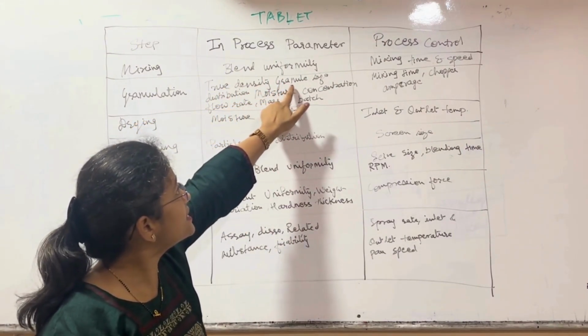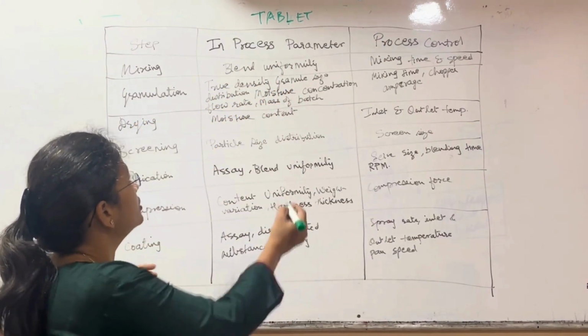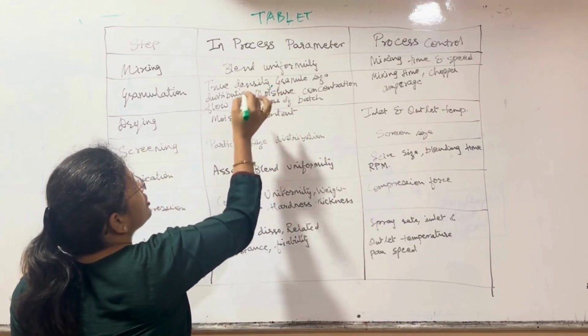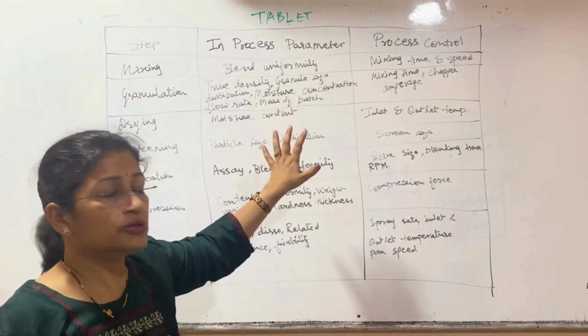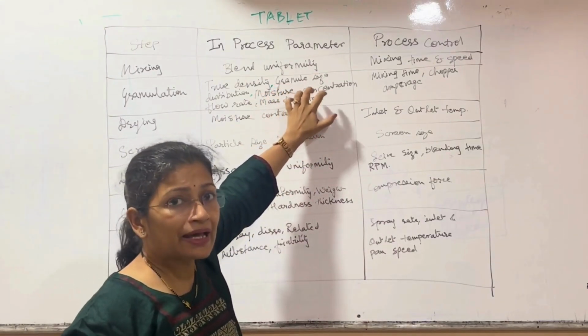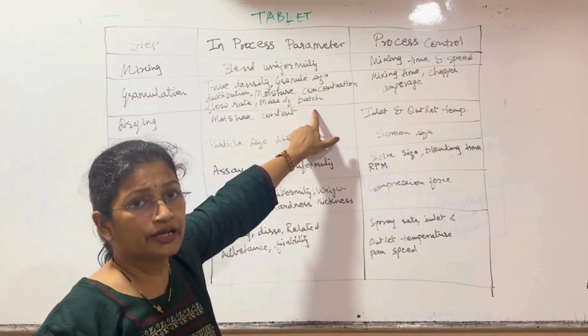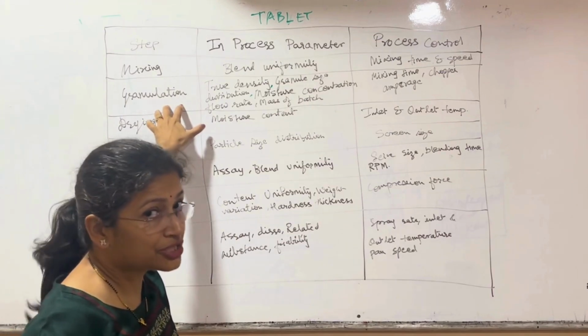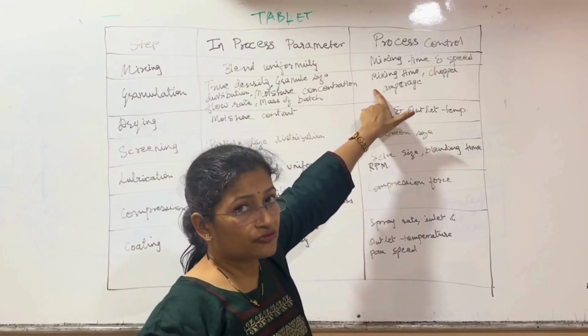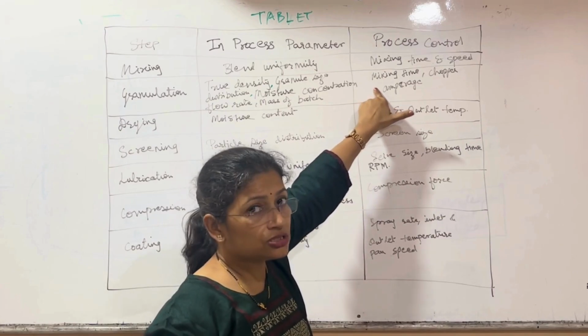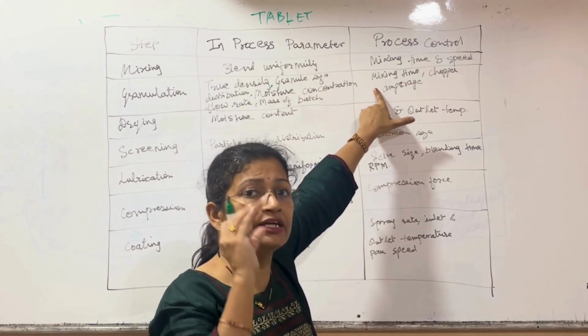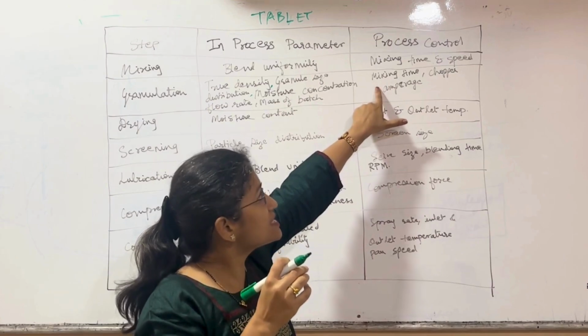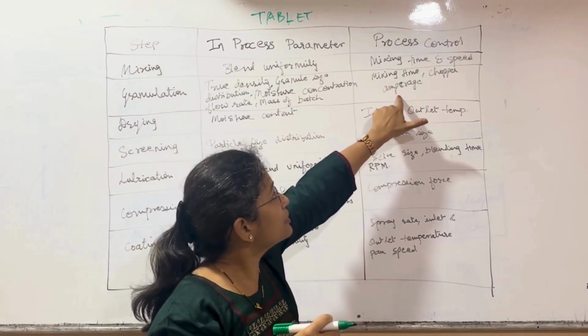Granulation: true density, granule size distribution, moisture concentration, flow rate and mass of the batch. These are the parameters which we need to check during our in processes after the granulation process is done. And what are the parameters which we need to control are mixing time and chopper amperage.